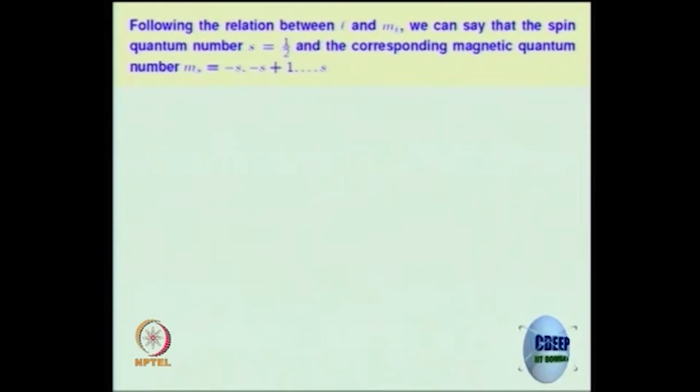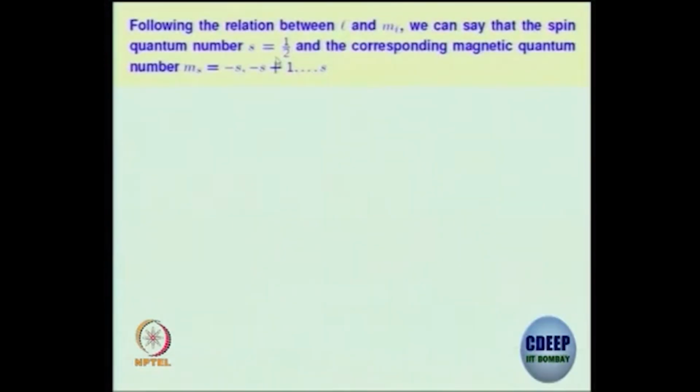So, the only way out is that there is an additional quantum number, which is the spin quantum number. This is put in by hand as far as non-relativistic quantum mechanics is concerned. In order to understand the experiments, that there are exactly two lines for L equal to 0, you are forced to put in a spin quantum number for the hydrogen atom, which is S equal to half.